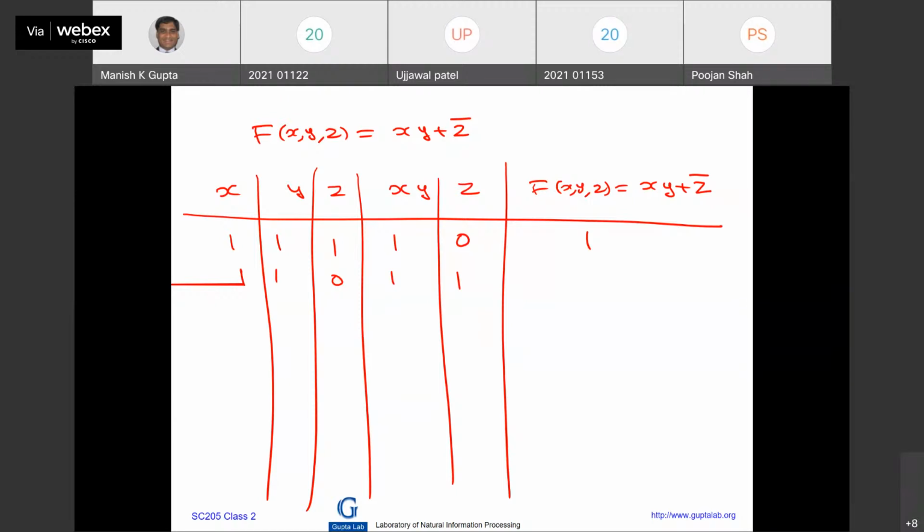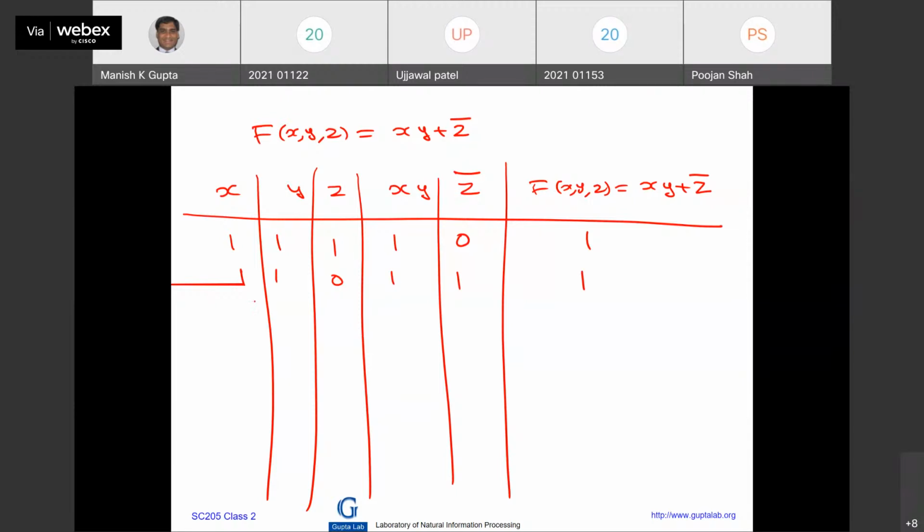Z bar, right? So I am saying that this is Z 0. So the complement, x into y is 1. 1 plus Z bar. Yes, that value will be there, right? So the value is Z is 1. So if Z is 1, this is Z bar, correct. So this value 1, 1, 0.